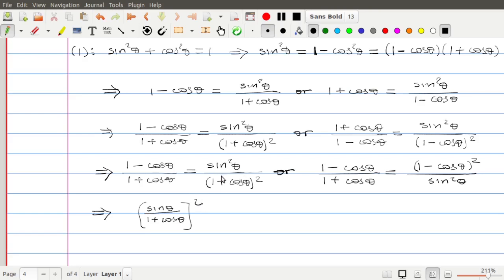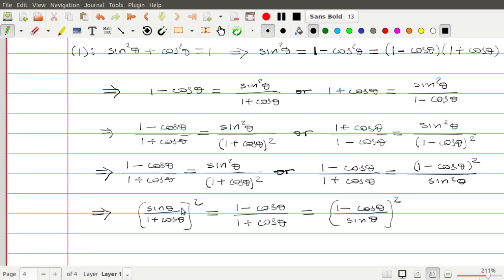So this expression is equal to 1 minus cosine theta by 1 plus cosine theta, and this same expression here is equal to 1 minus cosine theta by sine theta all squared.